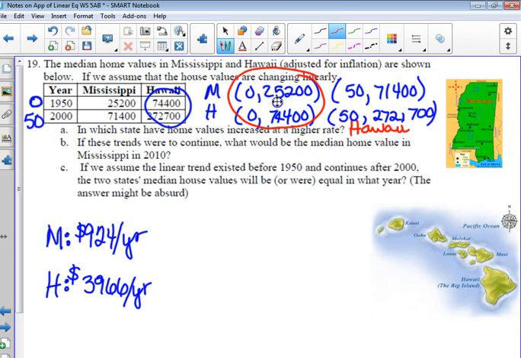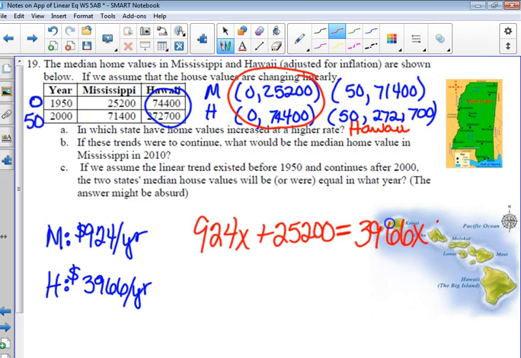Isn't that the y-intercept right there? Okay, so we're going to write $924 per year starting at $25,200 for Mississippi. We want to know when were they equal. $39.66 per year starting at $74,400.